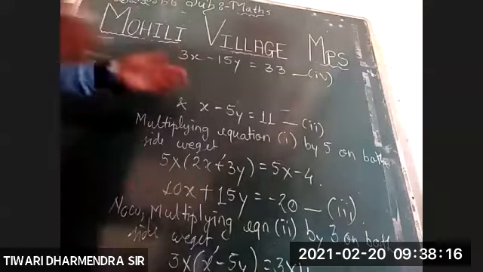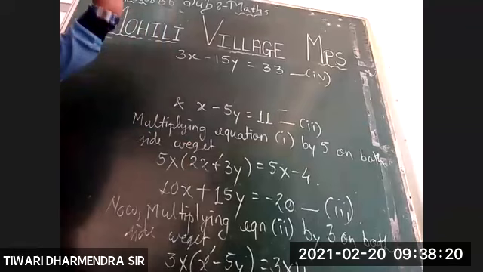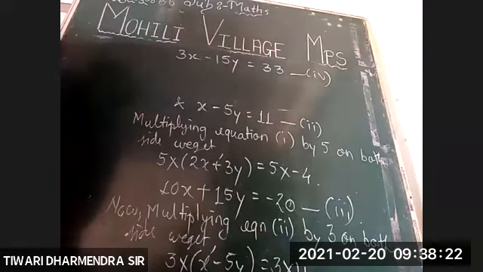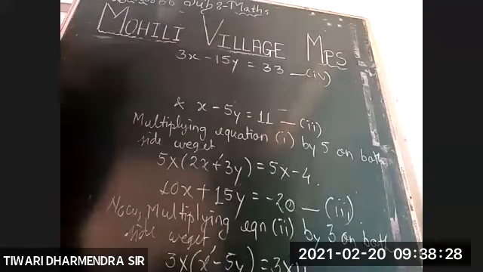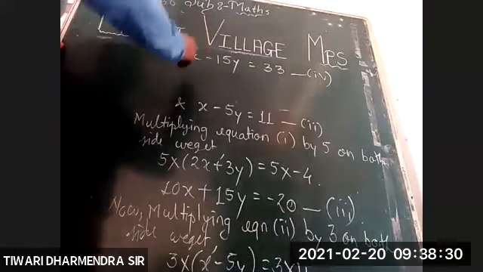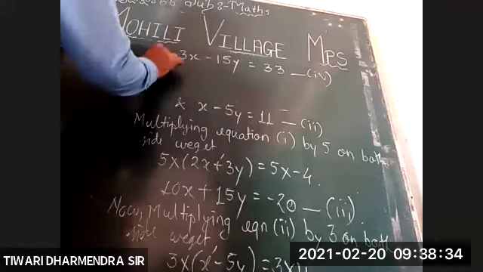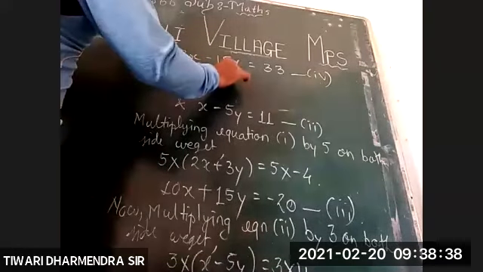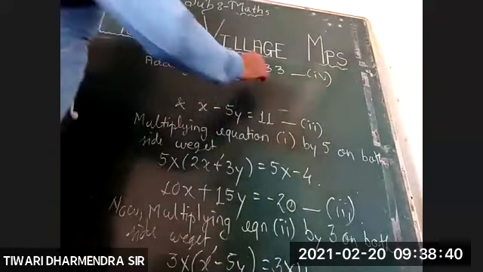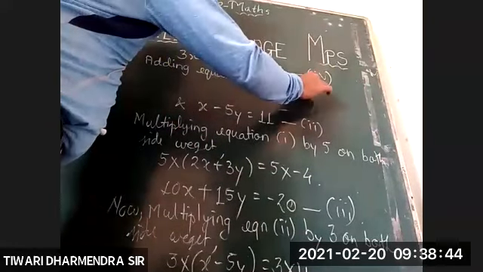Now we can see equation 3 and equation 4. Now this is of the form we did in our first simultaneous equation today: the variable having opposite signs. So what do we need to do now? We need to add equations 3 and 4.